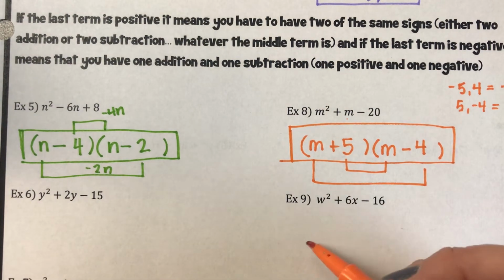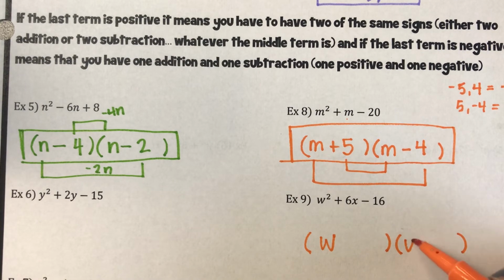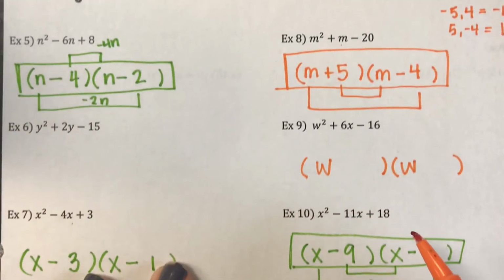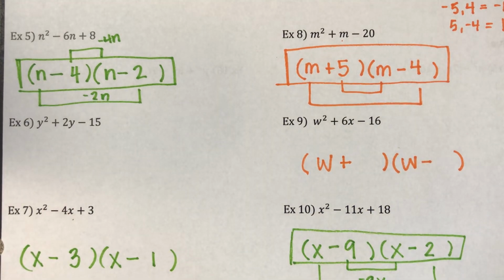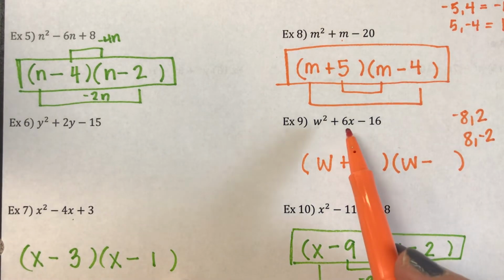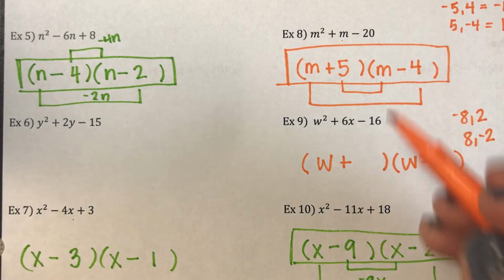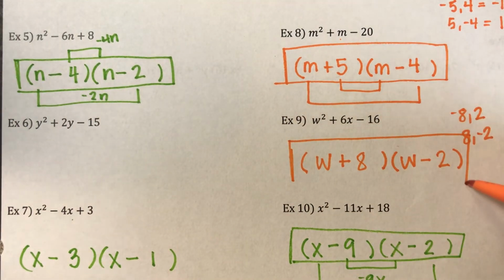Okay, so look down here. It's a minus, so that means 1 plus, 1 minus. So what can I multiply together to make negative 16? Negative 8 and positive 2, or 8 and negative 2. So if I'm trying to make positive 6, I want positive 8 and negative 2.